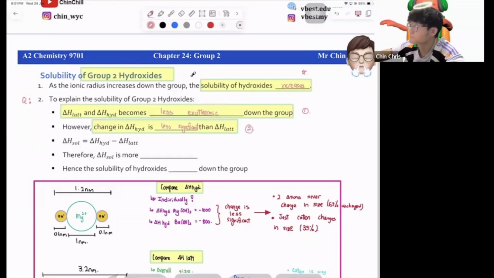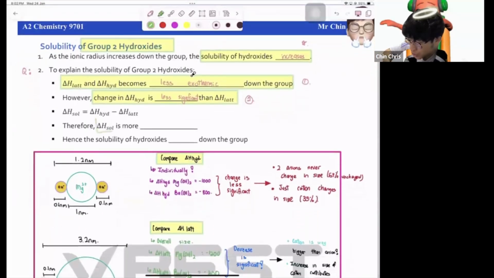Point 2. Hence, delta H solution is more negative.